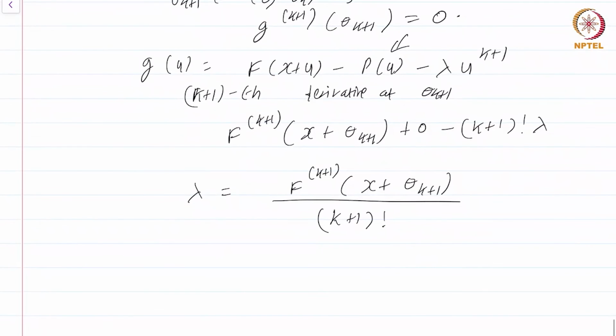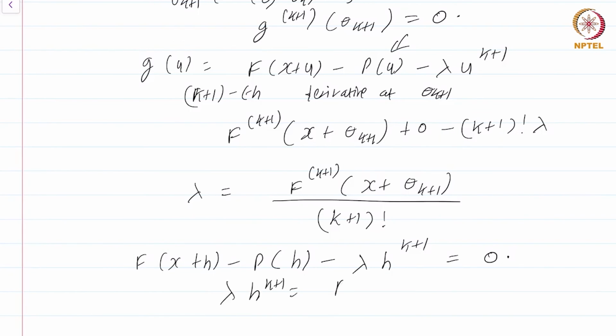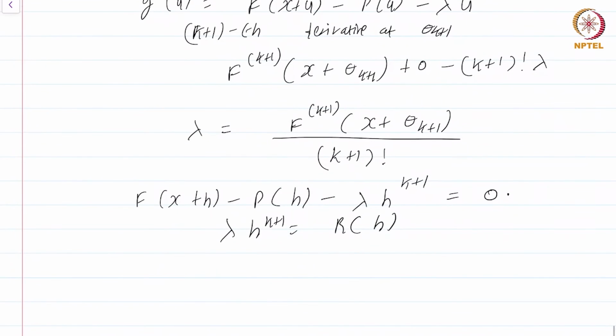This is what lambda is going to be. But wait a second. How was lambda chosen? Lambda was chosen so that f of x plus h minus p of h minus lambda h to the power k plus 1 is 0, right? In other words, lambda h to the power k plus 1 is what we have been calling r of h all along. It was just a different name that we have given. But lambda is nothing but f to the k plus 1 of x plus theta k plus 1 by k plus 1 factorial.